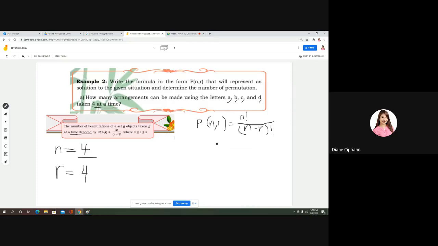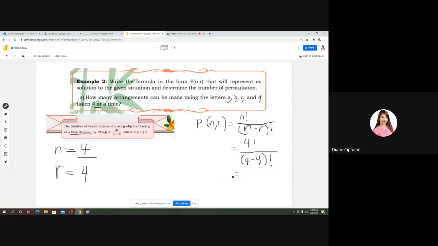And now let's do it in the formula. We have here 4 factorial, because your n is 4, over 4 minus 4 factorial. So what is the answer?